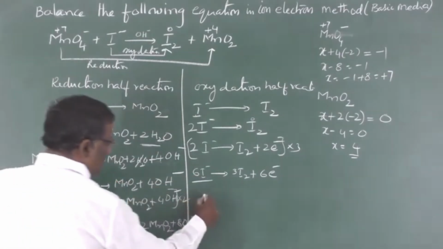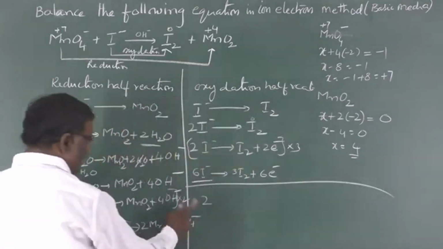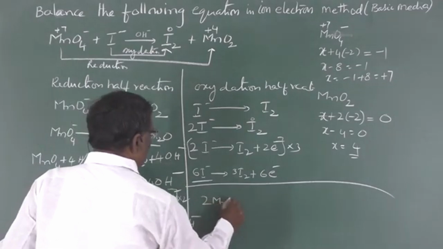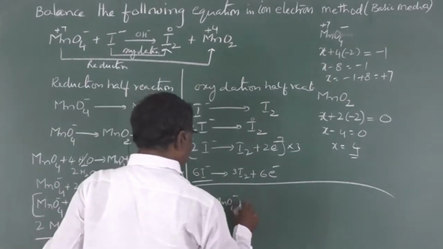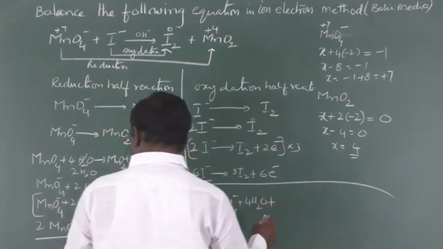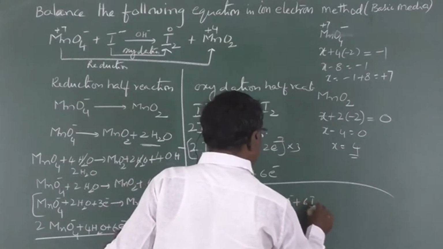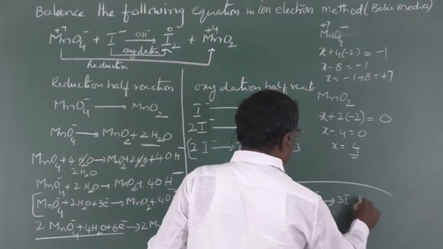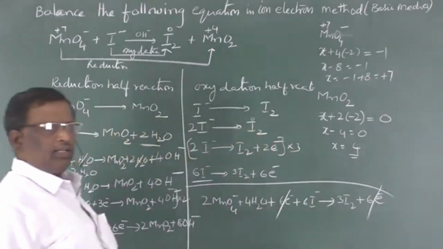That is 2MnO4 minus, this is the final equation, up to this only half reaction. 2MnO4 minus plus 4H2O plus 6e minus plus 6I minus gives 3I2 plus 6e minus. 6e minus and 6e minus are cancelled.